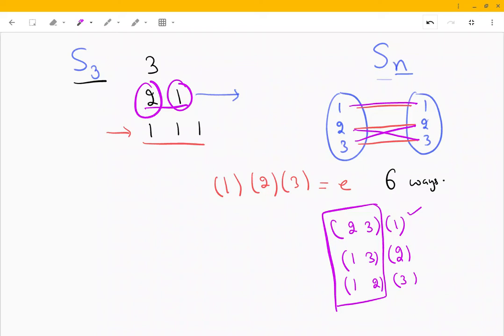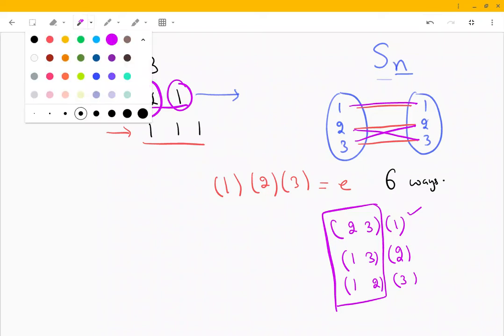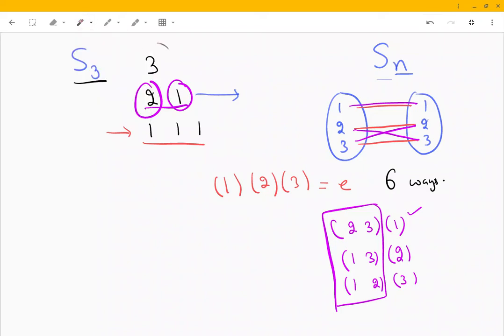Now let's move to the third one, which is these three cycles. How many ways is this possible? Well, all three have to permute. So, let's go by the basic approach, 1, 2, 3. Now we know that they can permute in 3 factorial ways, right?